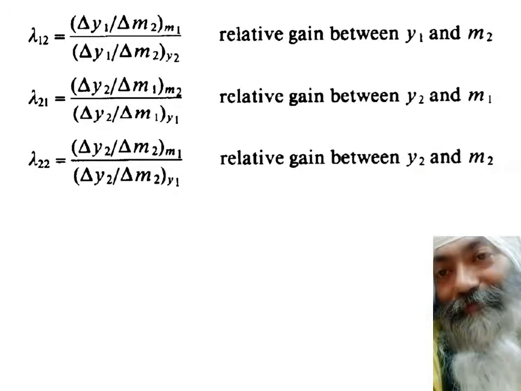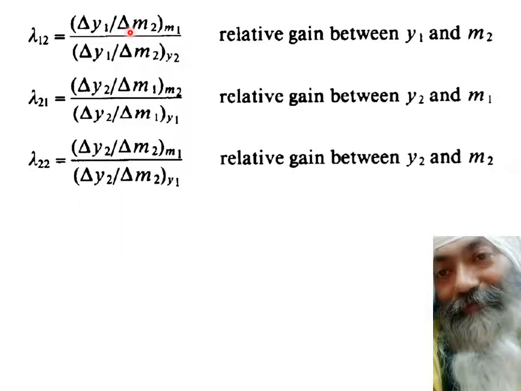Friends, we had so far been limiting our discussion to lambda 1 1. Just the way we have lambda 1 1, we have lambda 1 2. Lambda 1 2 means in case you want to control y1 using m2. In first case, you will take m1 as constant. In second case, you will take y2 as constant. Because we are taking output as 1 and input as 2, output is always first and input is later.